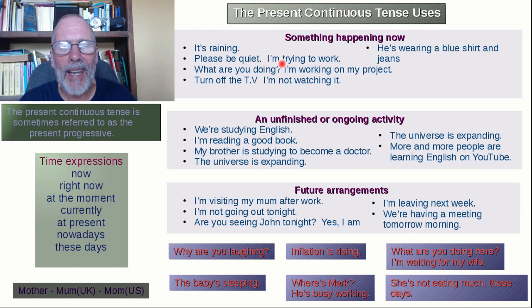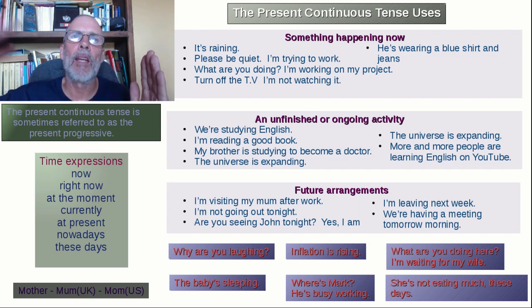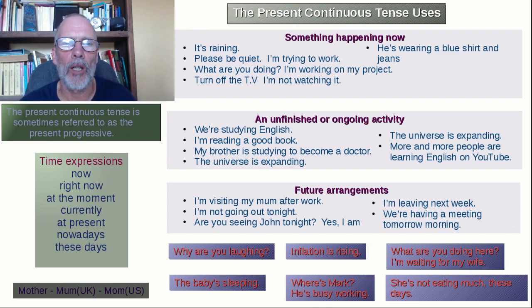Please be quiet now. I'm trying to work now. In these phrases, the activity is happening at the time of speaking. It began before I spoke. It's continuing at this moment, which is why this tense is called the continuous tense, and it will continue after I stop speaking.